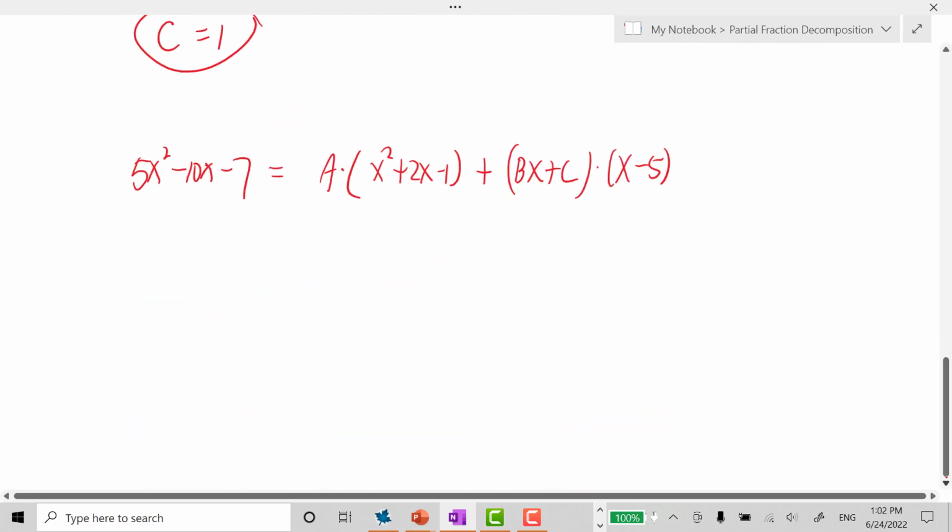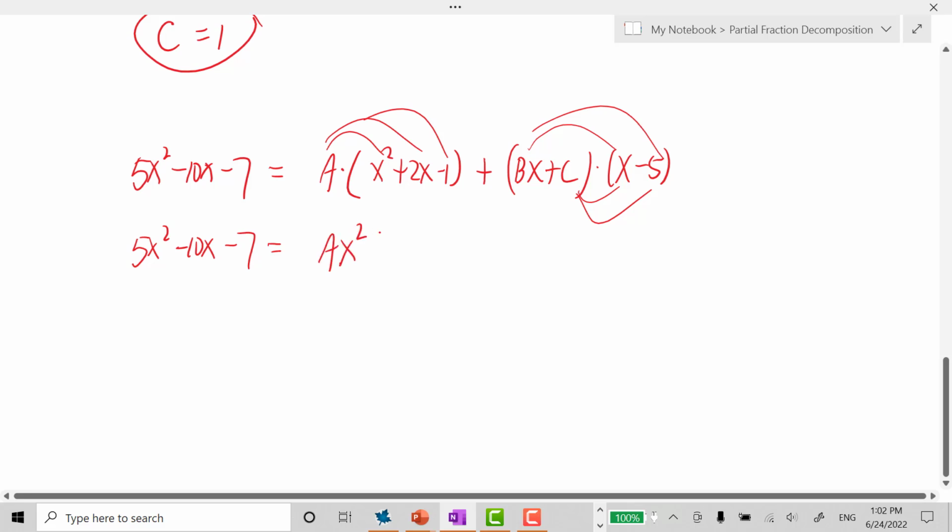So the other method is basically distributing, and FOILing all the terms on the right, so 5x squared minus 10x minus 7 equals ax squared.